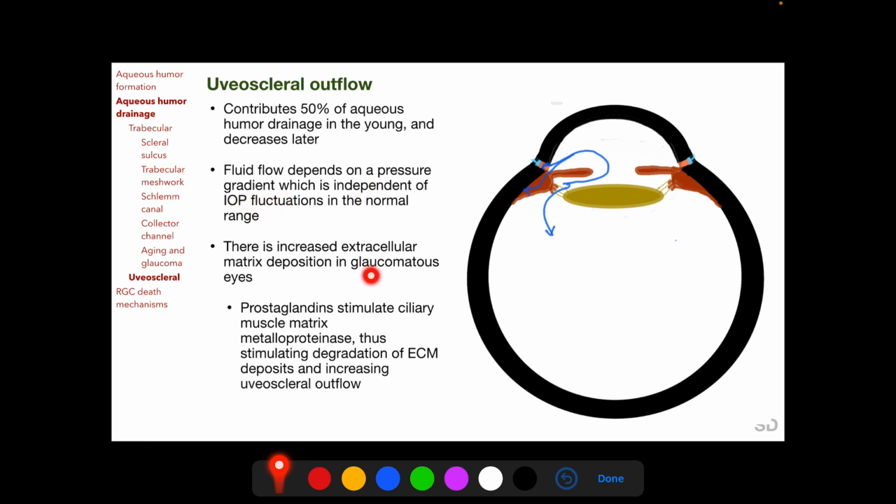And in glaucomatous individuals, there is increased extracellular matrix deposition in the constituents of this pathway. Prostaglandins improve uveoscleral outflow by stimulating ciliary muscle matrix metalloproteinase, thus stimulating degradation of these deposits. We note here that trabecular meshwork metalloproteinase is not stimulated by prostaglandins, and so prostaglandins have little effect on trabecular outflow.